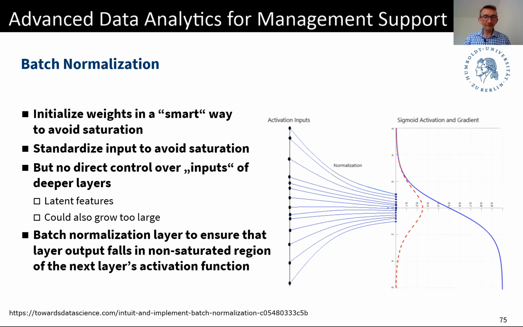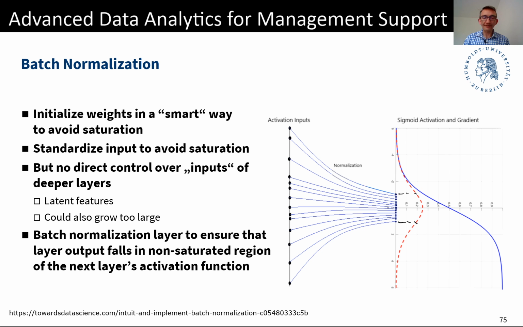Again, using the sigmoid for illustration, where for the sigmoid we know that we would like our inputs somewhere in the range, well, from -1 to +1 maybe, where we have this range where the gradient is clearly non-zero. So that would be proper training, would be allowed here.